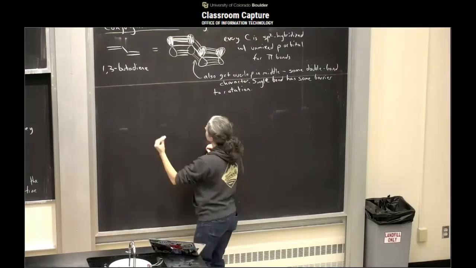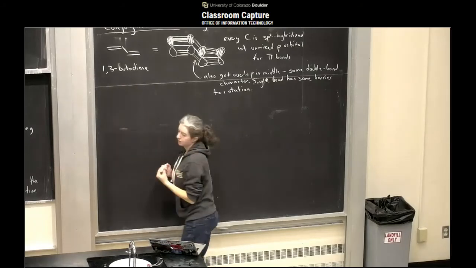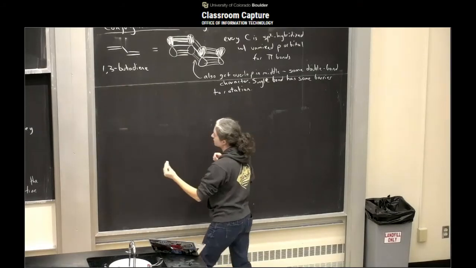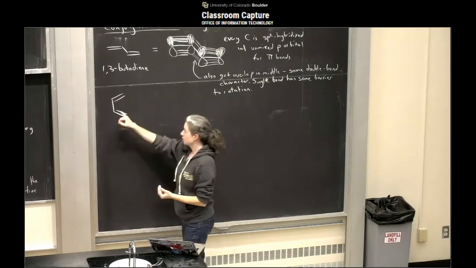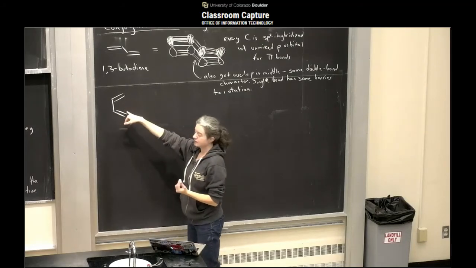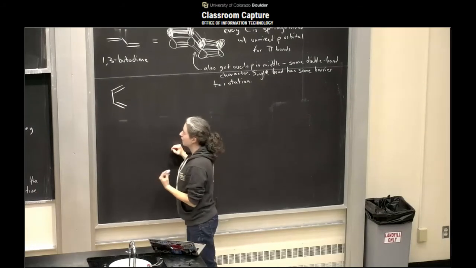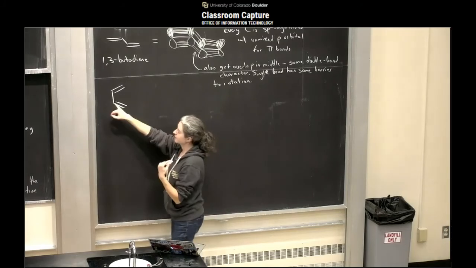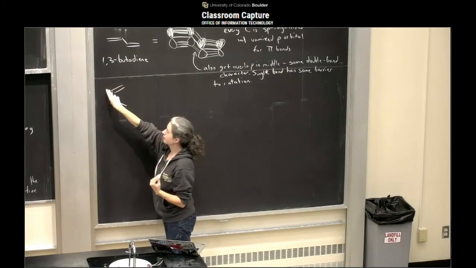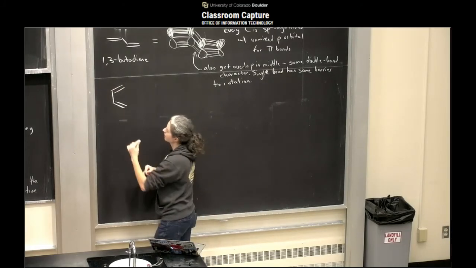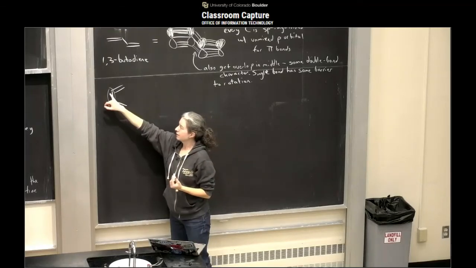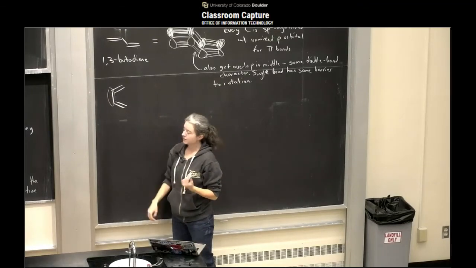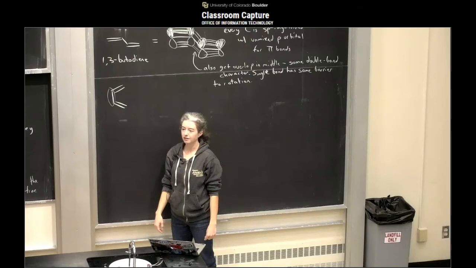So this molecule is going to prefer to be in one of two conformations. It's going to prefer to be either all coplanar curled up into a C shape. And the way that we describe this is, if we treat this single bond as if it were a double bond, so if we pretend that's a double bond, would this double bond be a cis or a trans alkene in the middle?